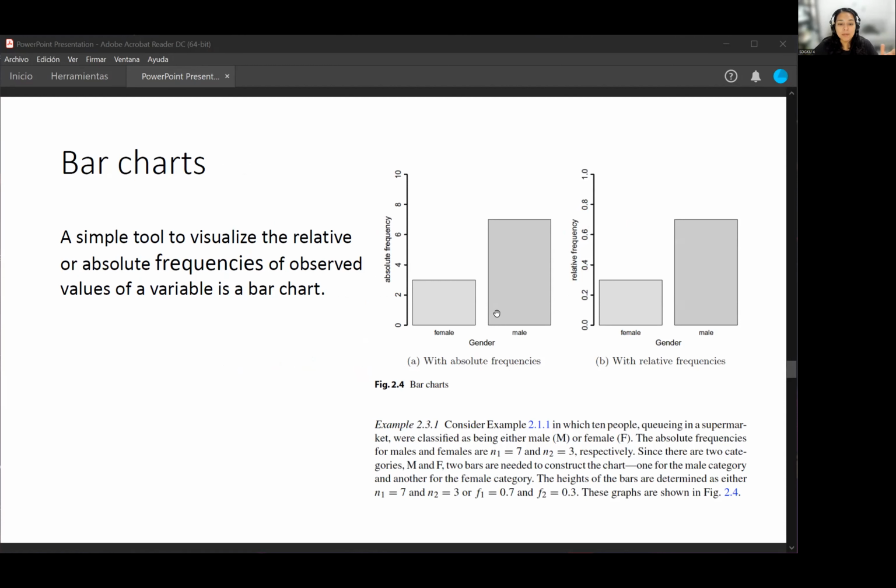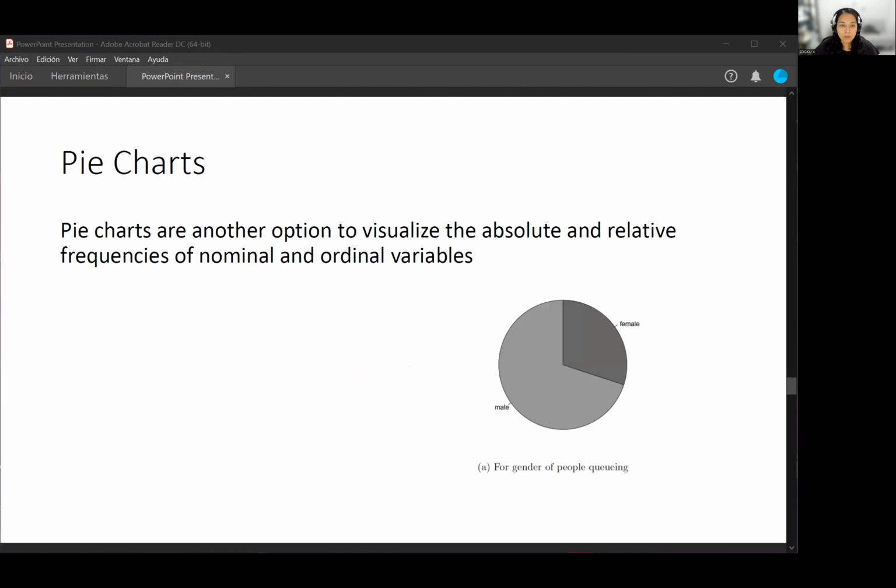So we have females, males. With this simple tool, you can observe the frequencies of each one of them. So that's one option. The same can be represented in pie charts. They are always used to represent frequencies.